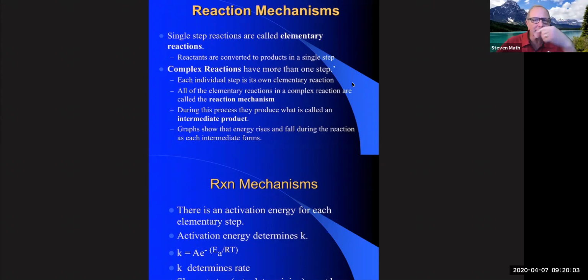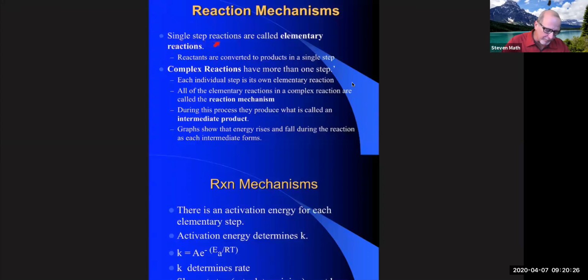Now in this video, we're going to talk about the pathway that certain substances take where they proceed from reactants to products. So that pathway is called the reaction mechanism, right? Now these mechanisms are pretty straightforward for us to understand.